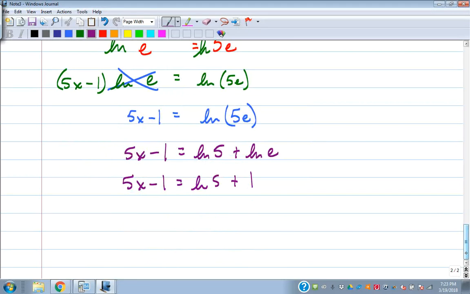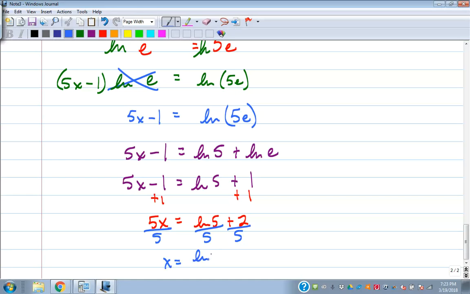Now, let's get x by itself. What's the first move to get x by itself? Gotta get rid of that 1, right? So if I add 1, I got a like term to add it to. So that's natural log of 5 plus 2 now equals 5x. And how do I get x by itself? Everybody gets divided by 5.